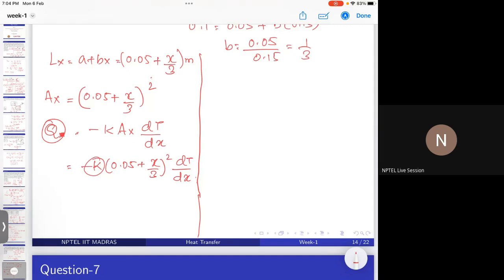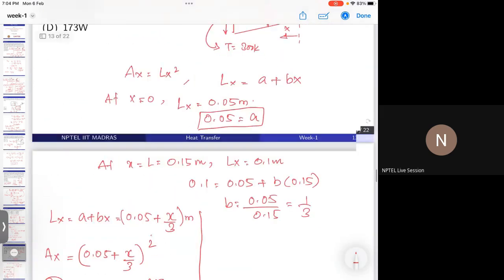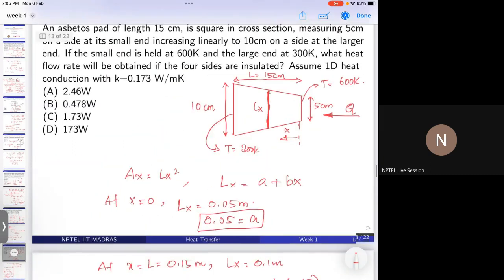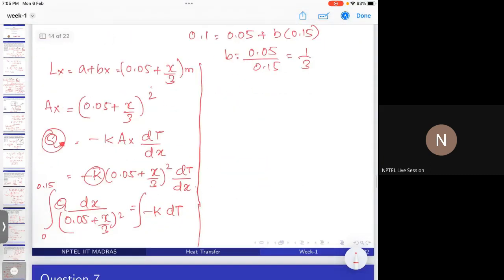We will write Q times dx divided by 0.05 plus x by 3 the whole square. We will separate the variables, it is equal to minus K dT. So now we can integrate from x is equal to 0 to 0.15, and the temperature is also given, that is from 600 to 300.